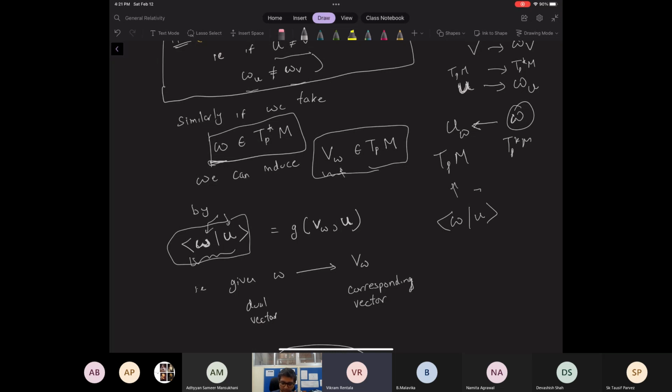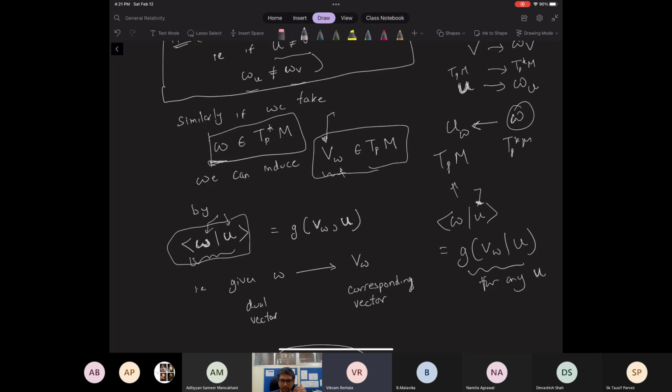So you demand that for any vector u, you define a vector u omega such that if I use the metric to get the inner product, it gives me exactly the same result. And this should be true for any u.